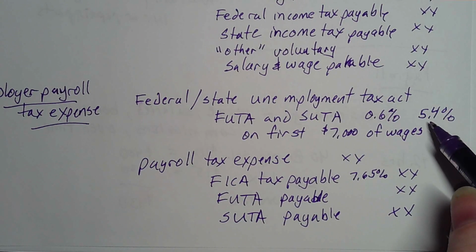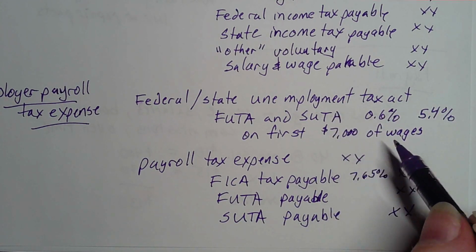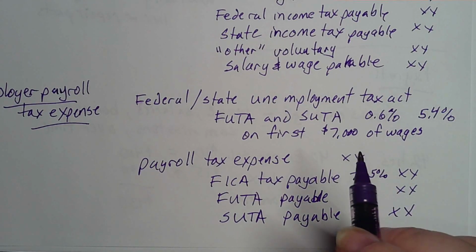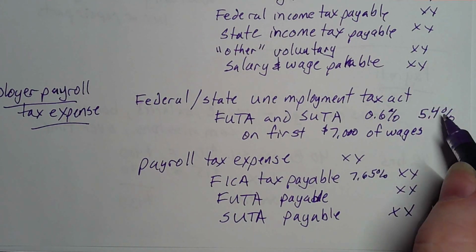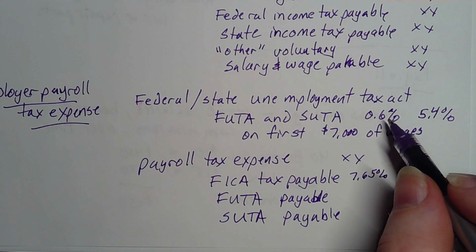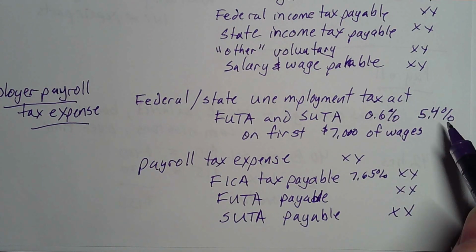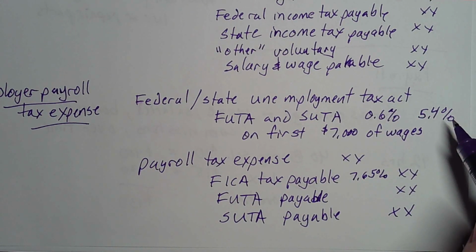And the state rate is usually 5.4%. So what they're trying to get at is you should be paying 6% between federal and state. So if you're paying all your state at 5.4, then you're paying just 0.6 to federal. The two of them combined should equal 6%, but usually the split is 0.6% and 5.4%.